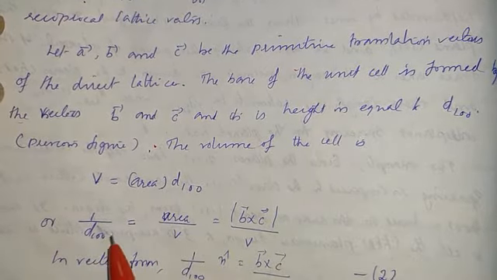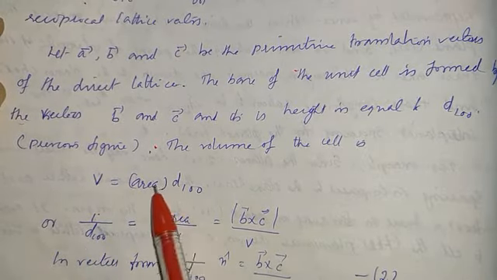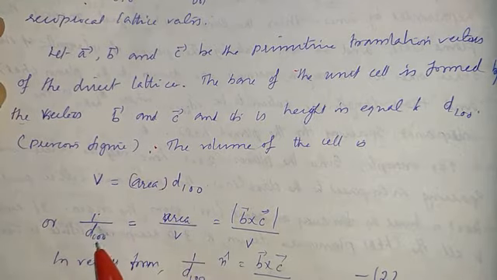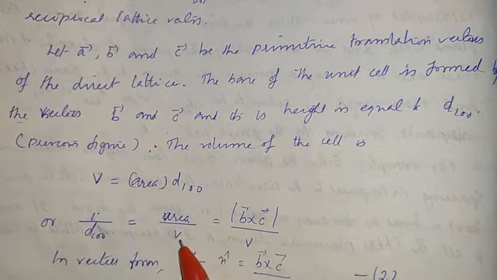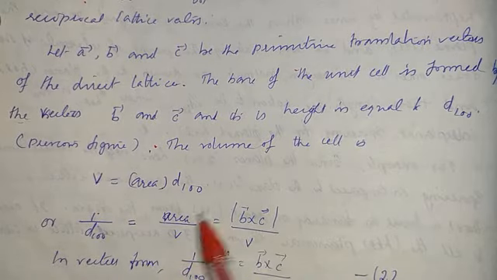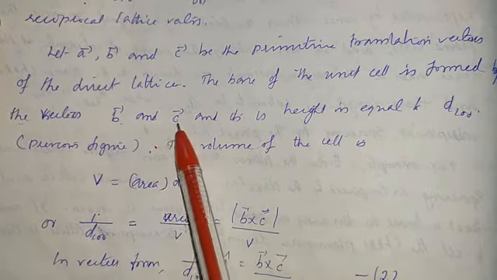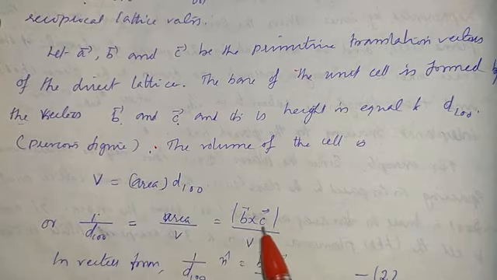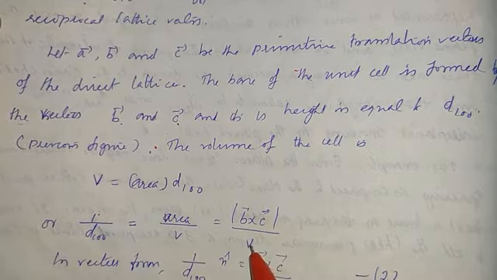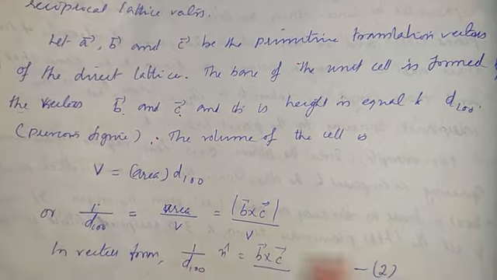So from this equation we will get 1 by D100 as area by V. The area can be represented as B cross C for sides B and C. So we will get B cross C divided by V. And the volume we can determine in vector form.